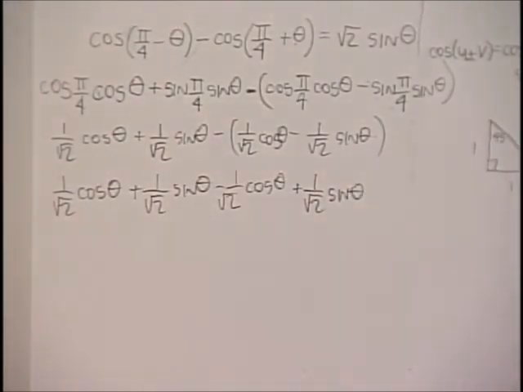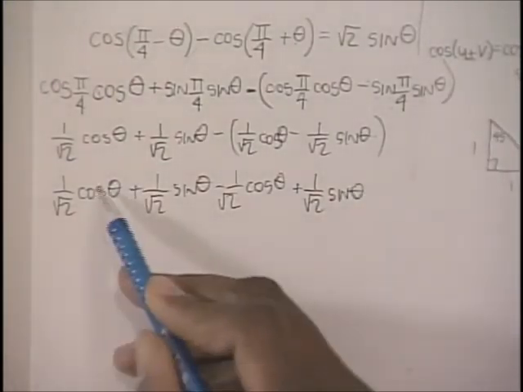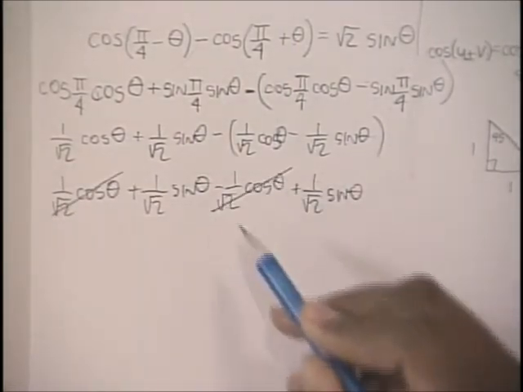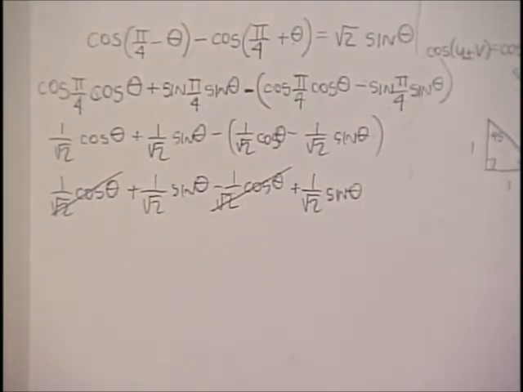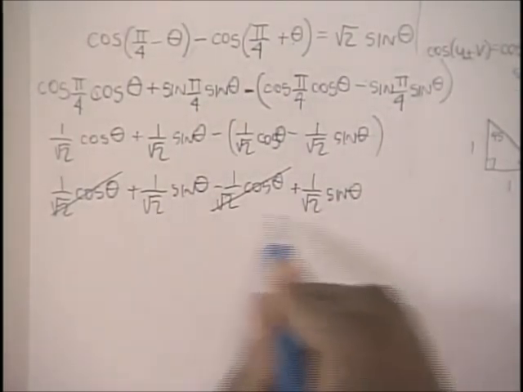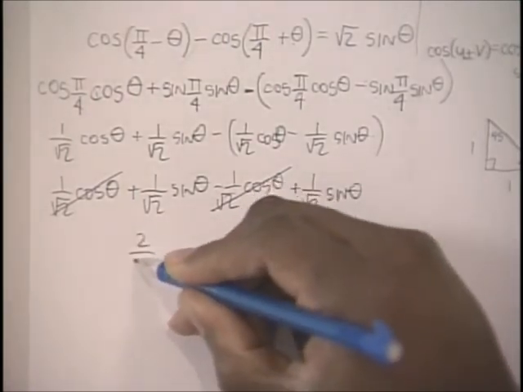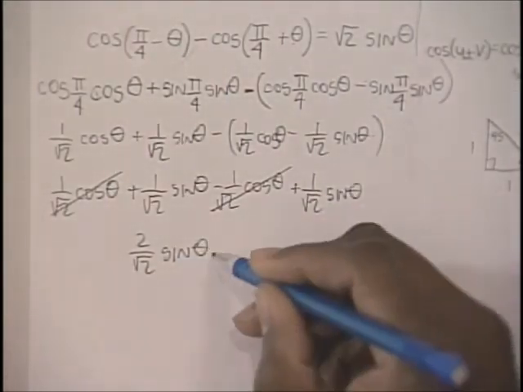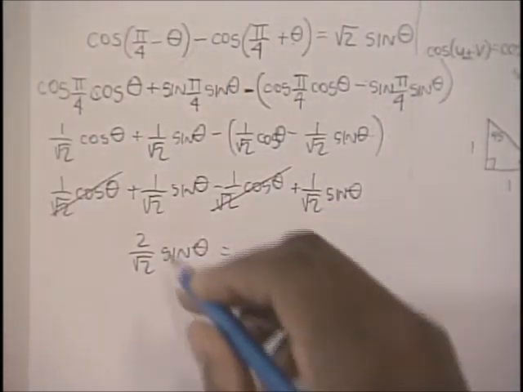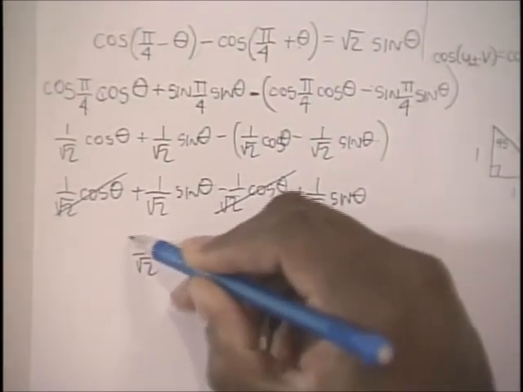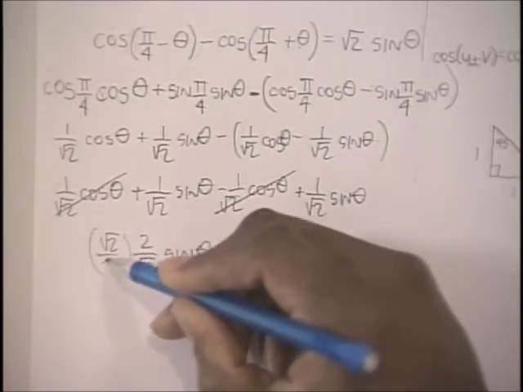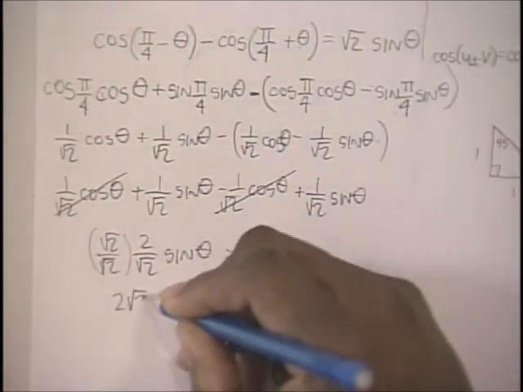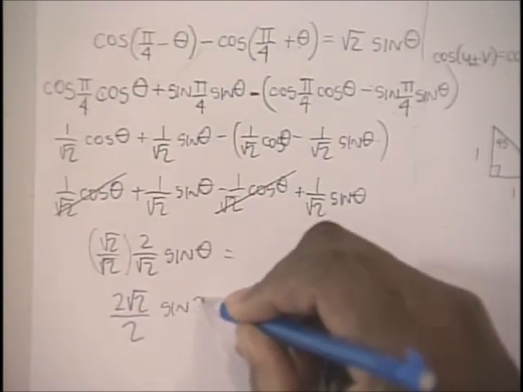All right. Now what I'd like you to observe is there's cancellation here. 1 over radical 2 cosine theta minus 1 over radical 2 cosine theta. There's cancellation there. These are like terms, so you end up with 2 over radical 2 sine theta. And if you multiply this by radical 2 over radical 2, you end up with 2 radical 2 over 2 sine theta.